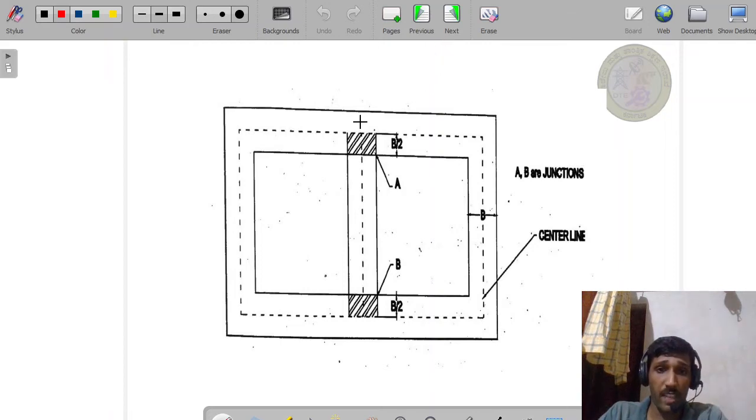If four walls are meeting at a particular point, then the number of junctions is 2. If three walls are meeting at a point, then the number of junctions is 1. If two walls are meeting at a point, then the number of junctions is 0. This is the basic principle you should know. Once you know how to identify the number of junctions, it is very easy to solve the problems.